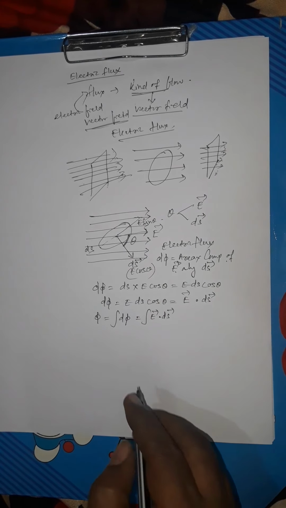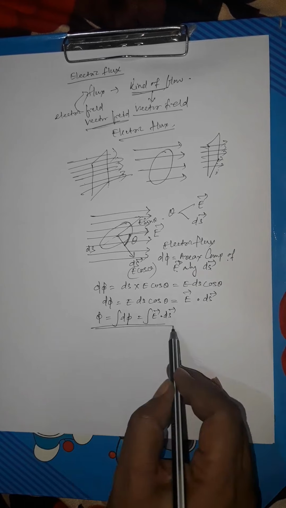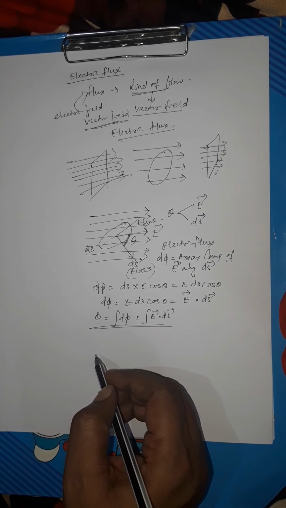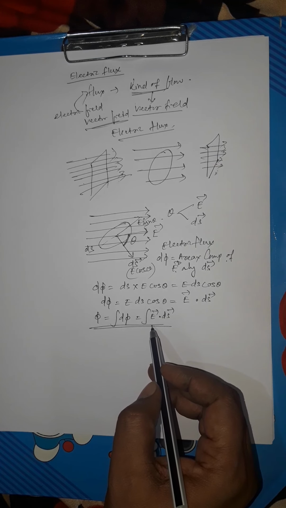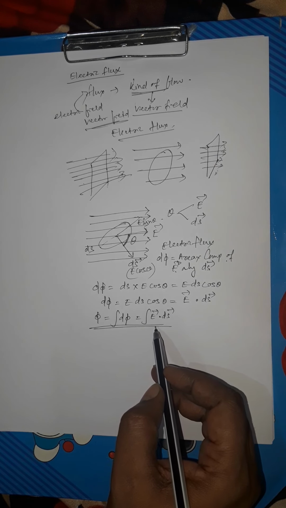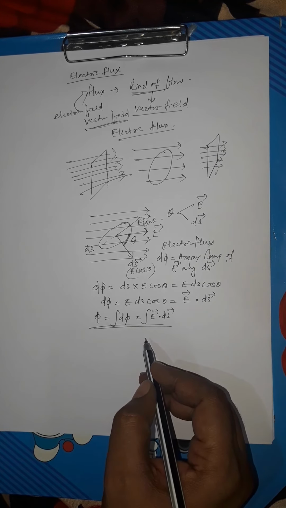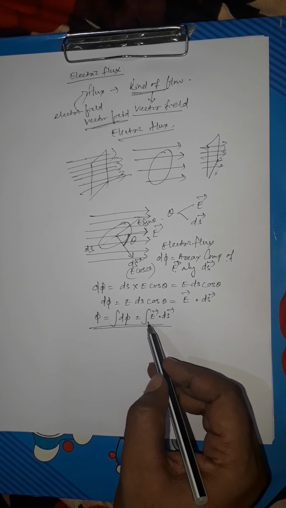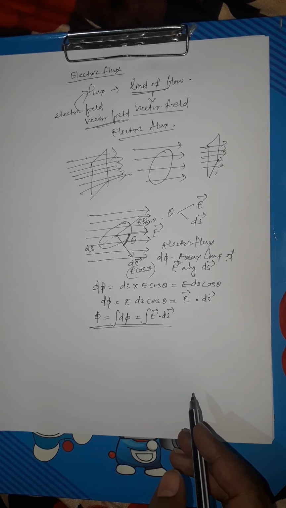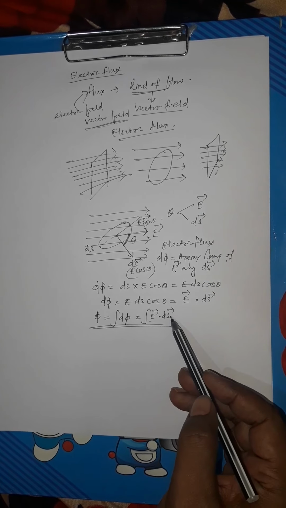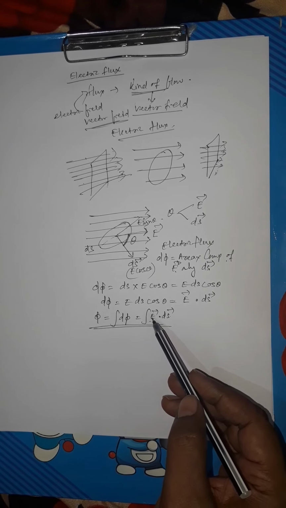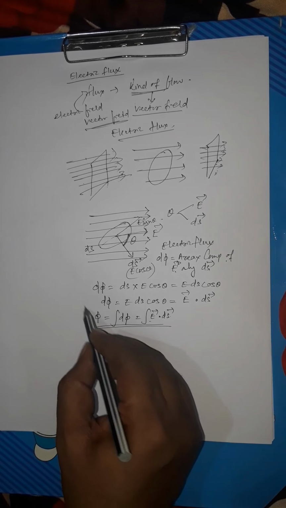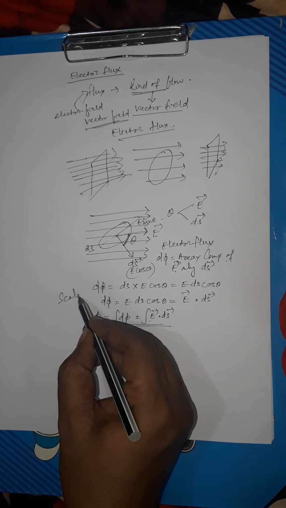Quantitatively, electric flux is defined as the dot product of E vector and ds vector. As the electric flux is the dot product of electric field vector and area vector, and the dot product of two vectors is a scalar, this is a scalar quantity.